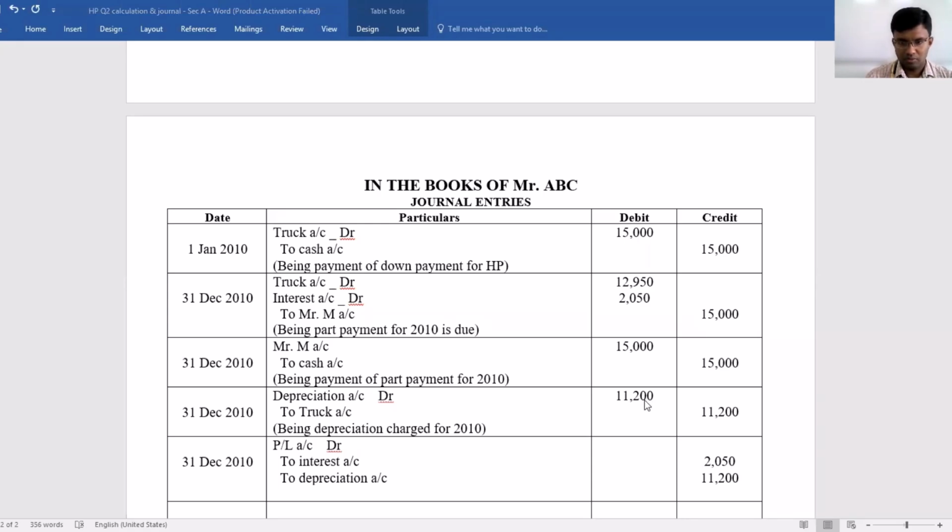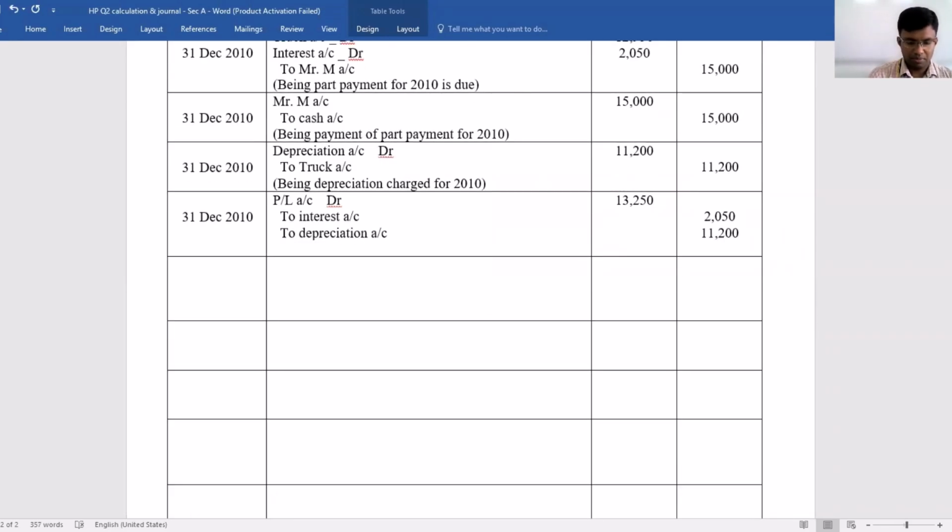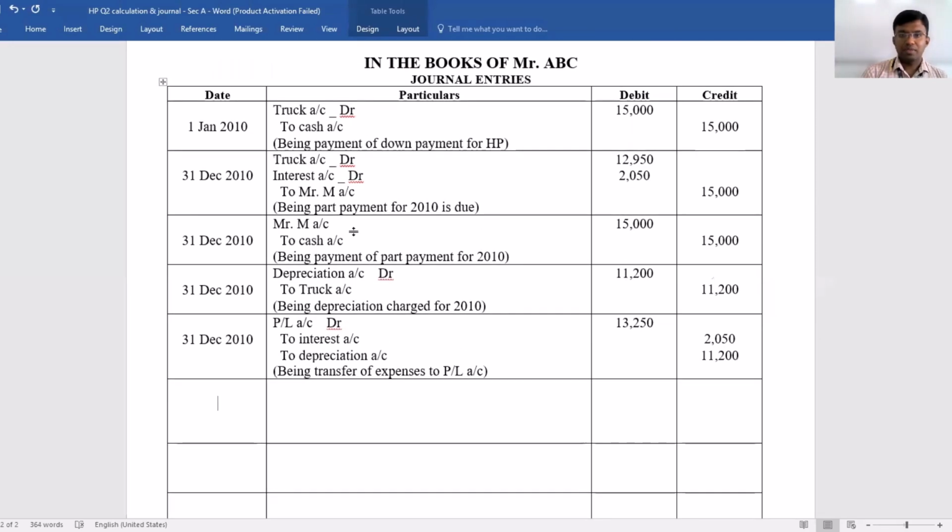So this will work out to be 13,250, being transfer of expenses to profit and loss. Okay, so with that, we have completed the journal entries for the very first year.